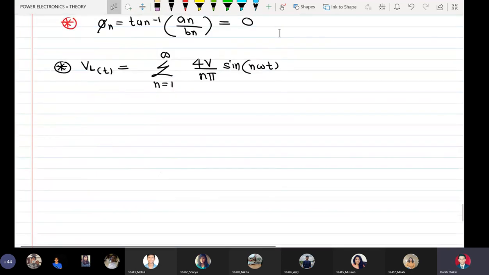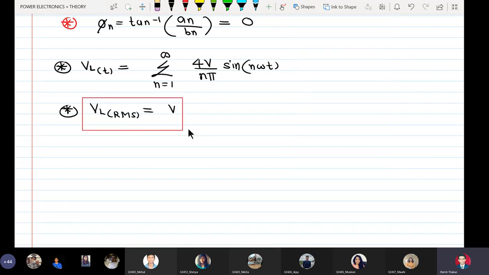Okay, and one more thing is, what is the value of VL RMS? So this is the overall RMS, which is simply equal to V. So let us also write it here. Please understand there is a difference between VL RMS and VL1 RMS.